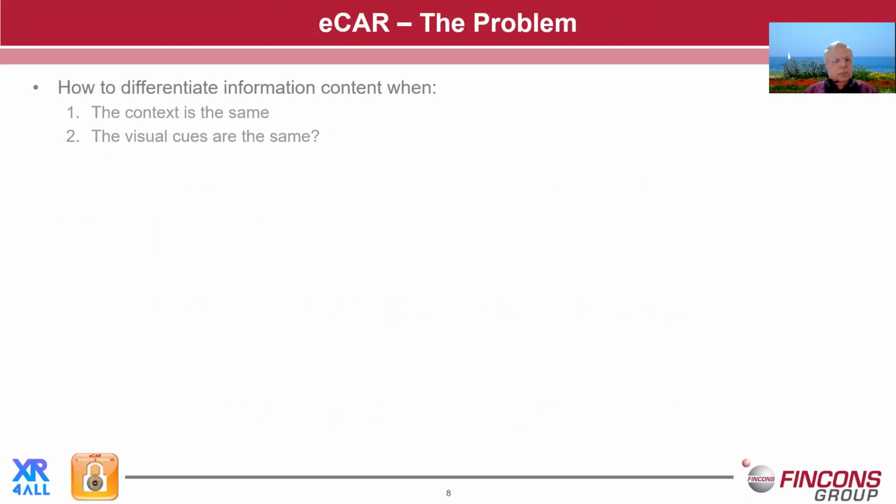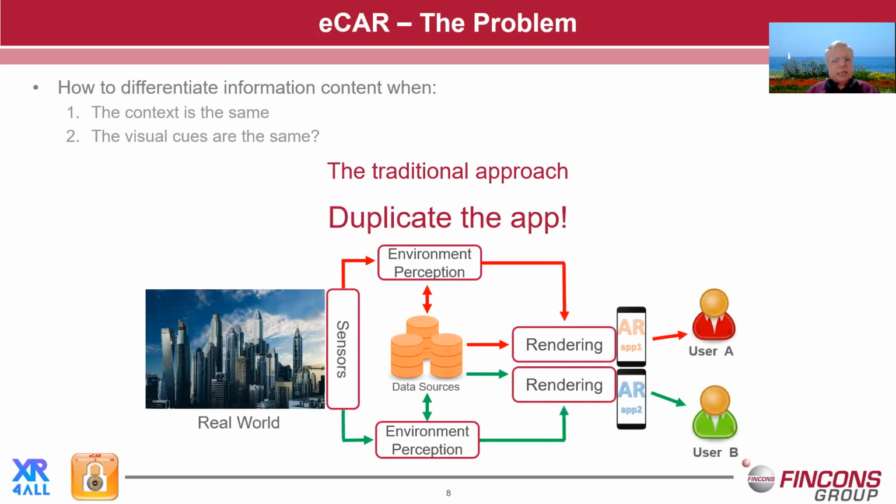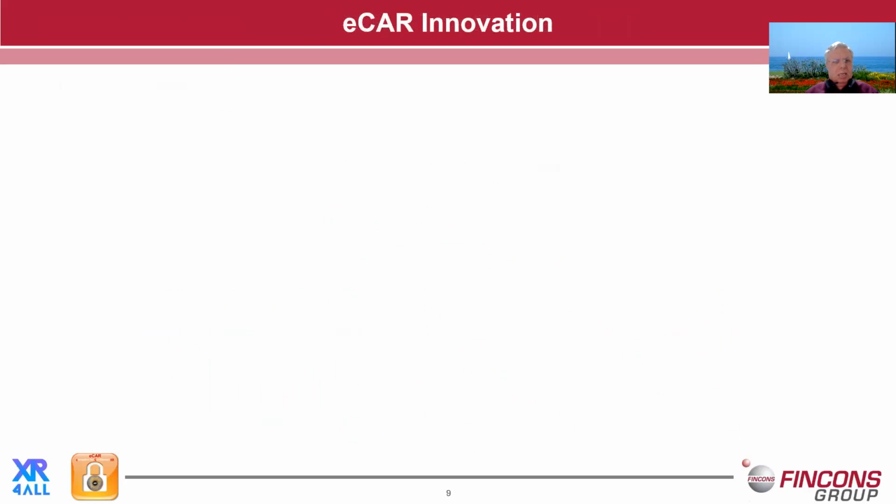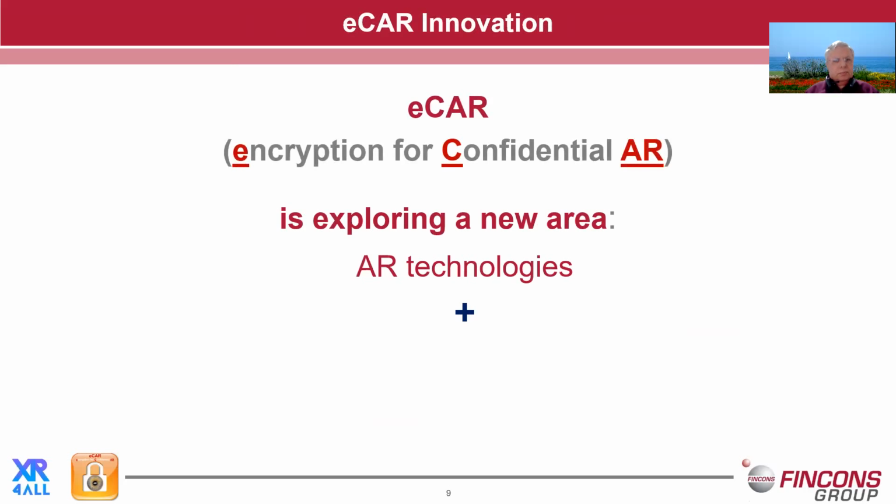How could we differentiate the information content when the context is the same and the visual cues are the same? The traditional approach is to duplicate the information, as depicted here. So in eCAR, we are exploring a new area in which we combine augmented reality technologies with new encryption techniques.